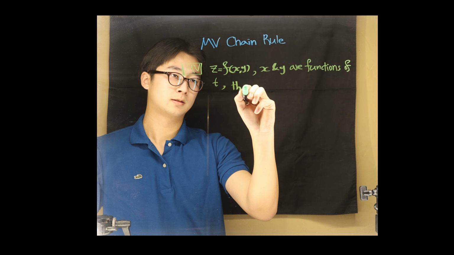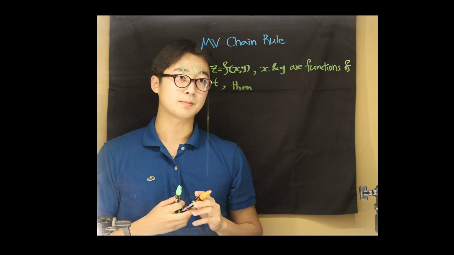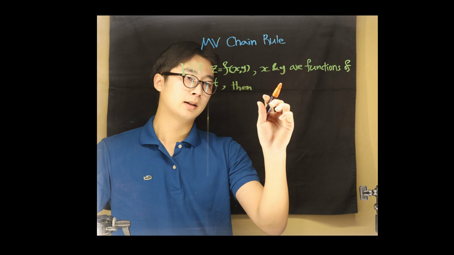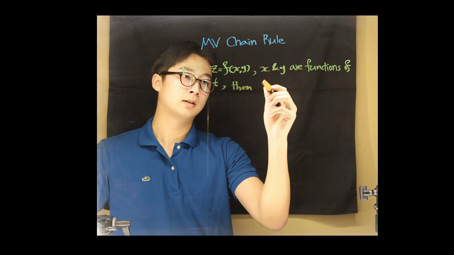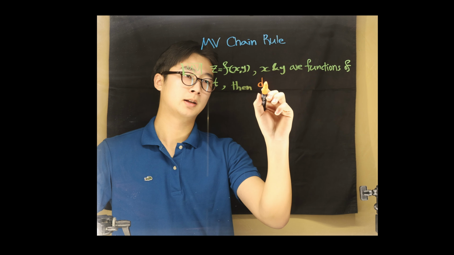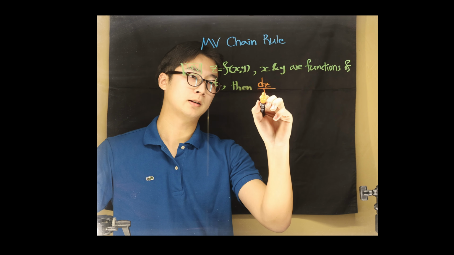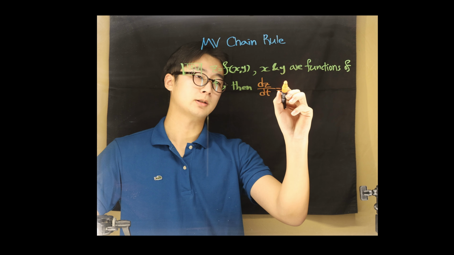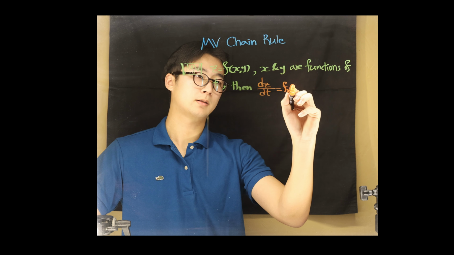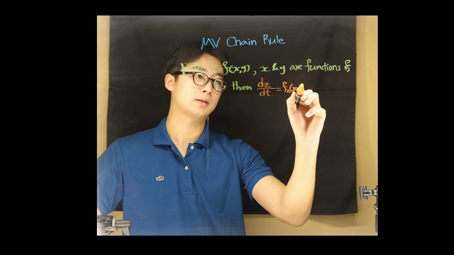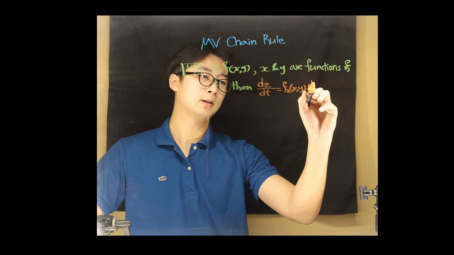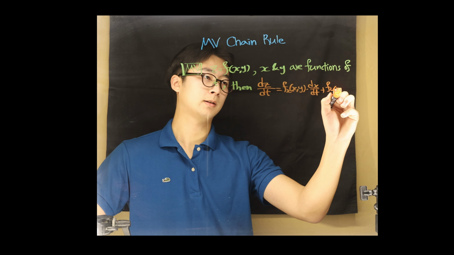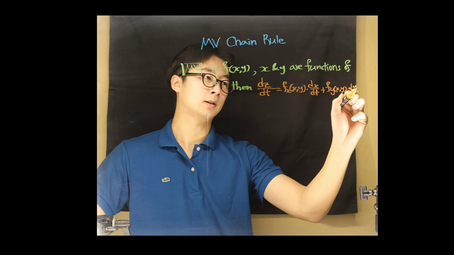Then the chain rule of z, the derivative of z with respect to t, dz/dt, is equal to partial f with respect to x times dx/dt plus partial y times dy/dt.